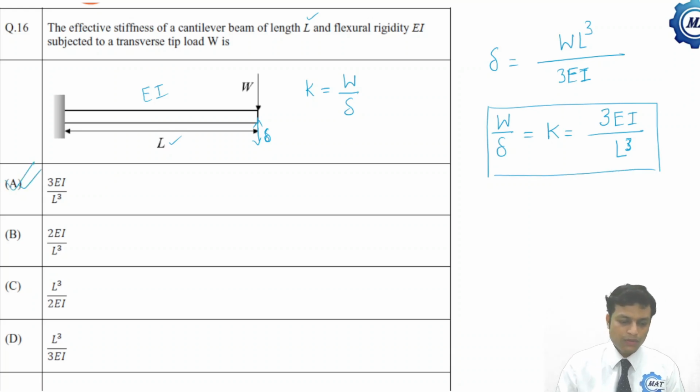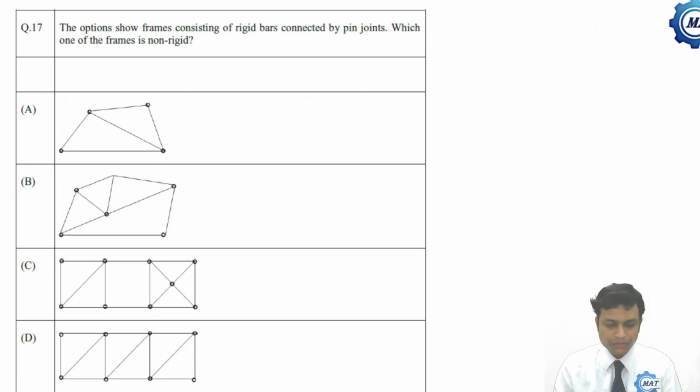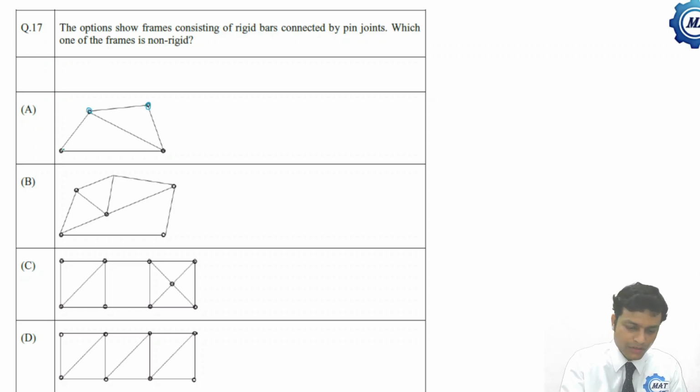Now let us move to the next problem. The options show frames consisting of rigid bars connected by pin joints. So these are the pin joints. Which one of the frames is non-rigid? Non-rigid means degree of freedom is at least 1.